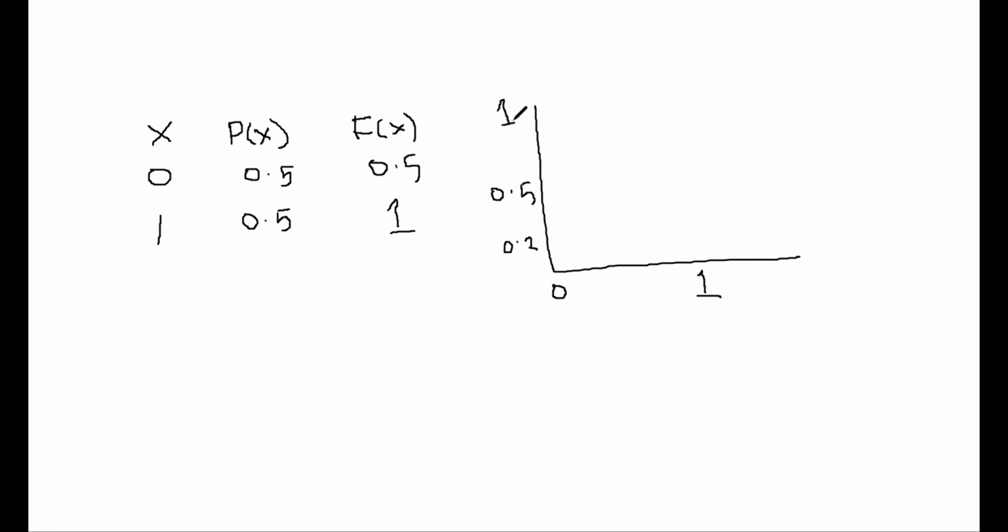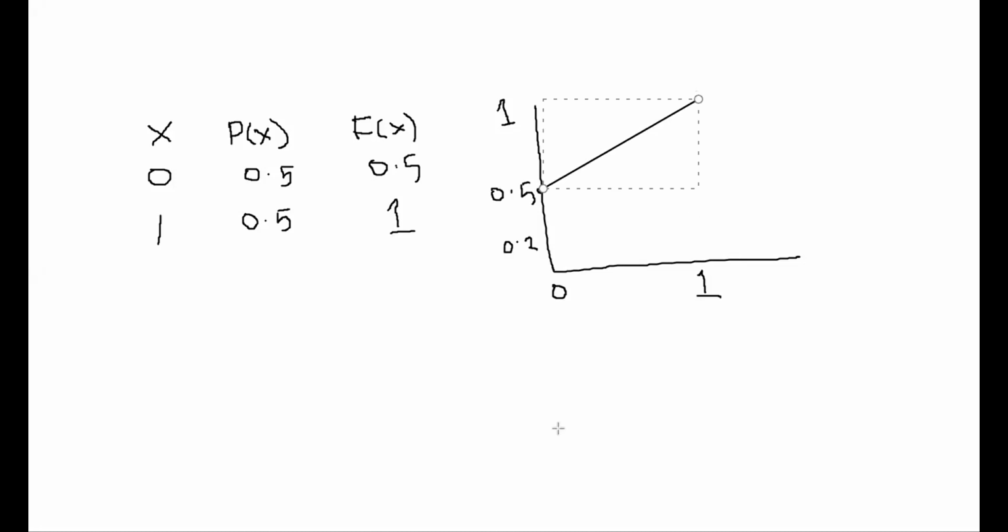For 0, I have 0.5, it will be here. For 1, I have cumulative 1, it will be here. Then I will have to touch these two dots.